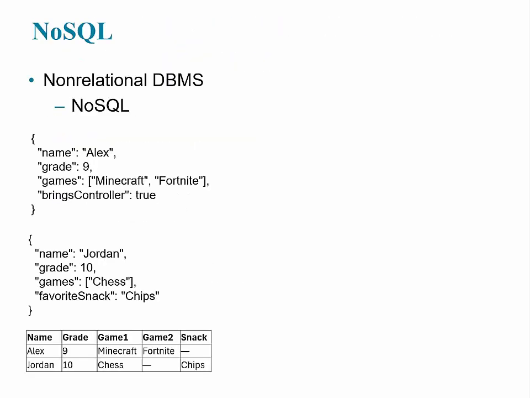So basically what we talked about was relational database, right? All those relationships, links, and normalization only apply to relational databases. But there is a different type of database, which in this example is NoSQL.